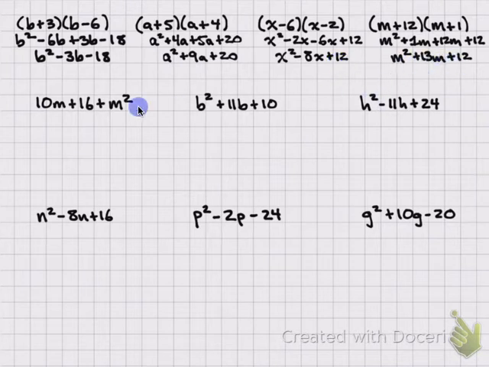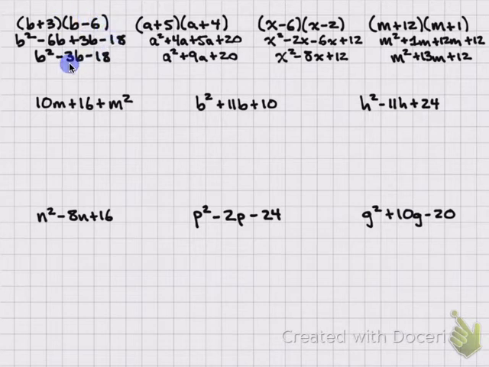And you can see that all of these trinomials down here, too, which we're going to factor soon, all have that same general form. So I want us to take a moment to consider how we got here, to think about how we can then take these trinomials and factor them. Well, the b squared, we know where that came from: b times b. The negative 18, we know exactly where that came from. That came from the last of the four multiplication steps, the 3 times negative 6.